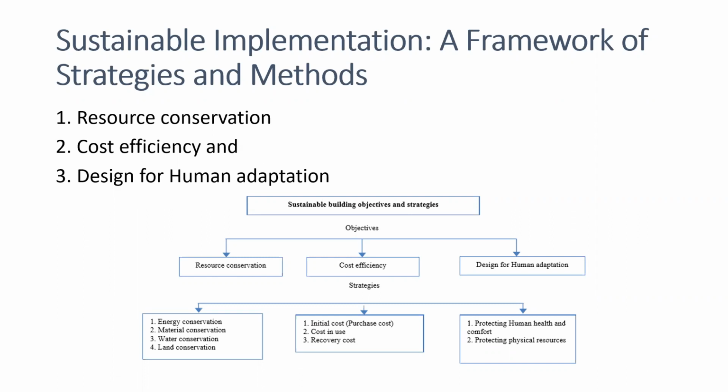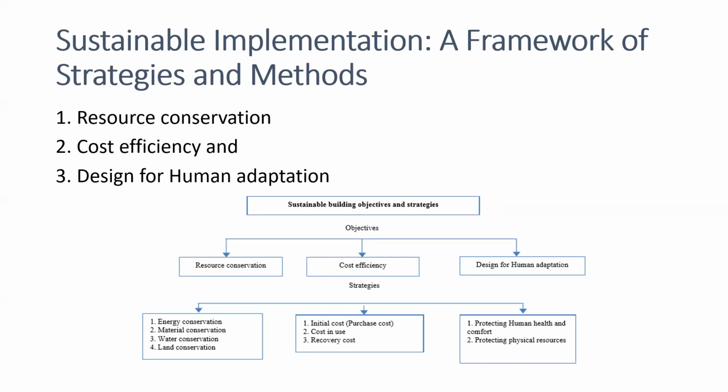So in order to do that, there are different strategies that we can follow. For resource conservation, we can move on to the energy conservation, material conservation, water conservation, and land conservation.